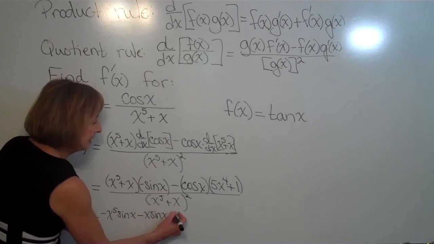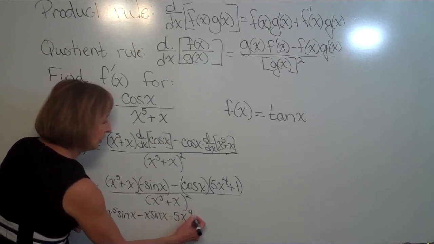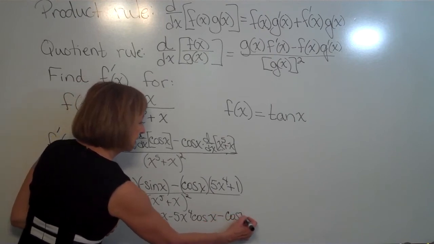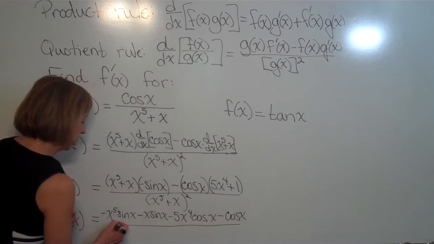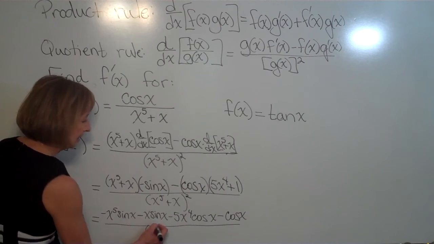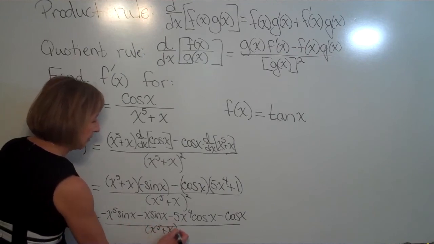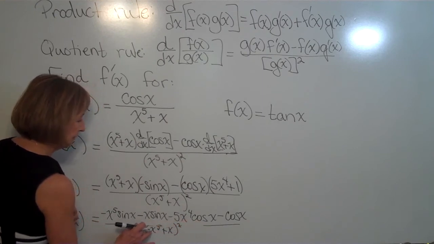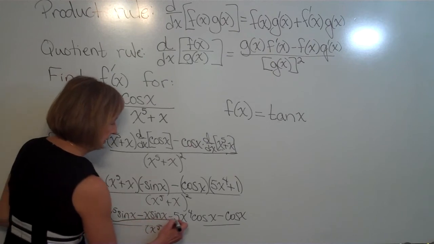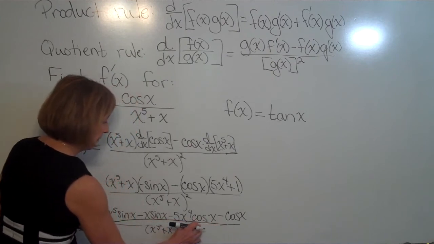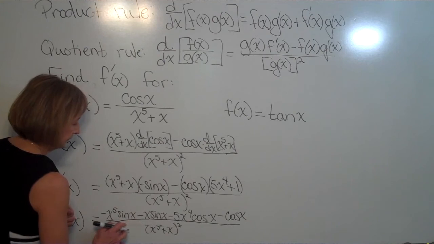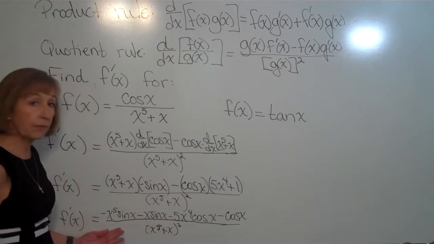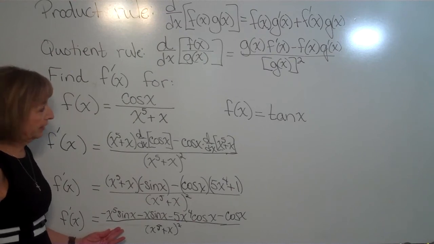So we're going to write minus 5x to the fourth cosine x and minus cosine x, and that's all over my x to the fifth plus x quantity squared. So that's what we have for the derivative of that quotient. Let me get this fraction bar in a little bit better for you. So that is our derivative of that quotient.